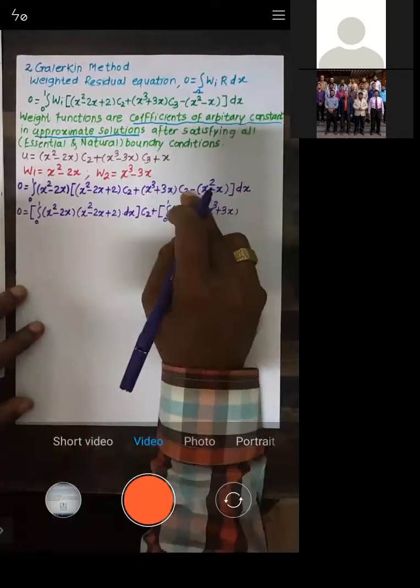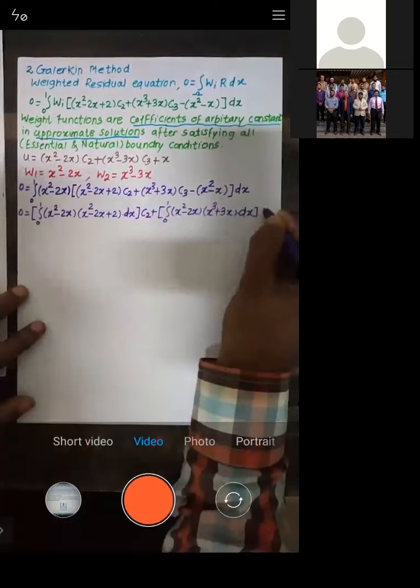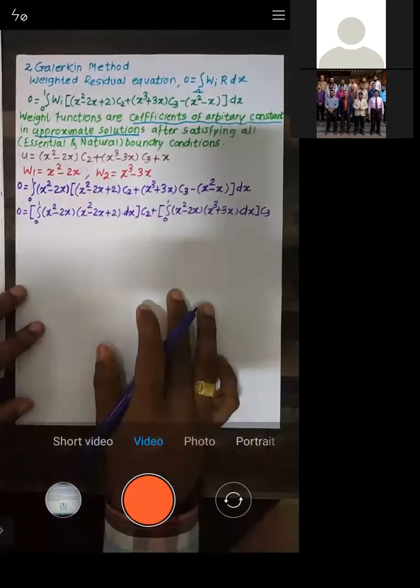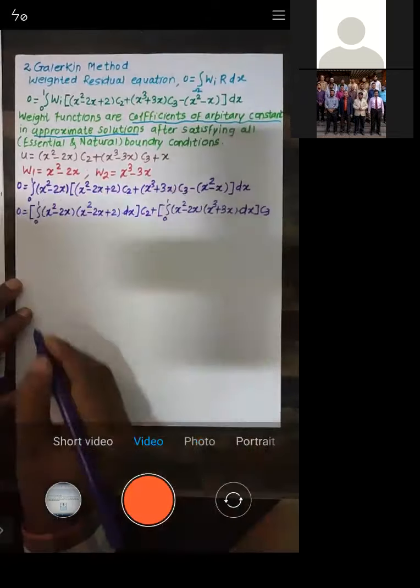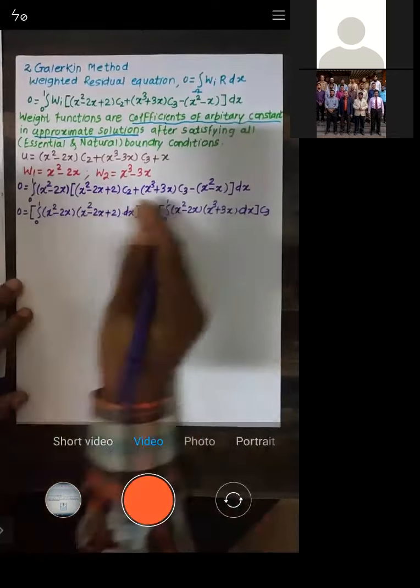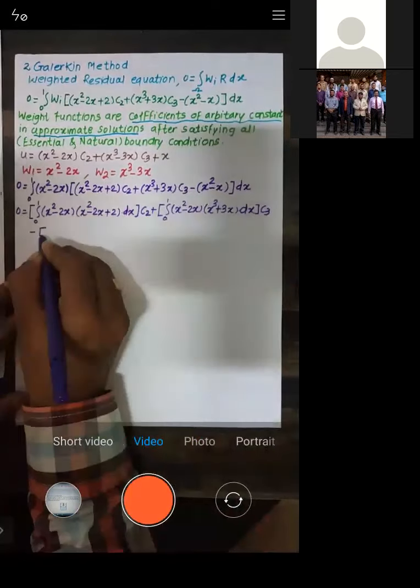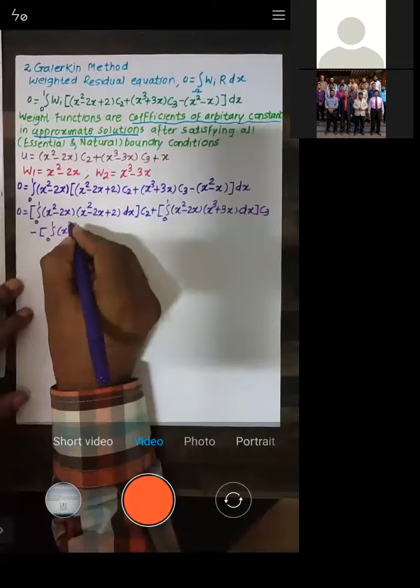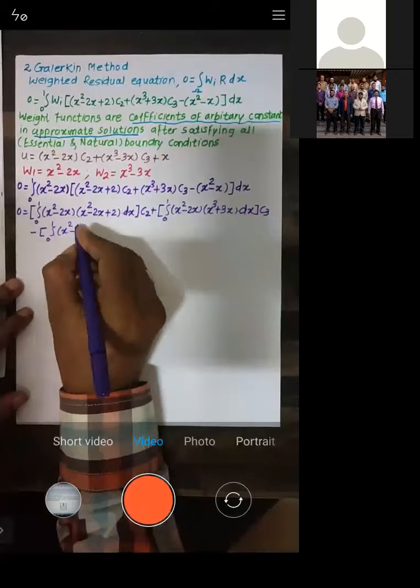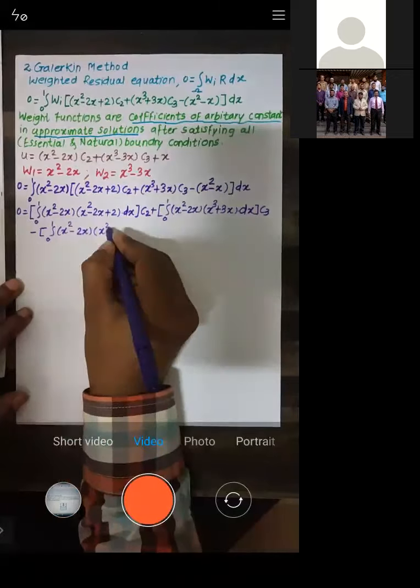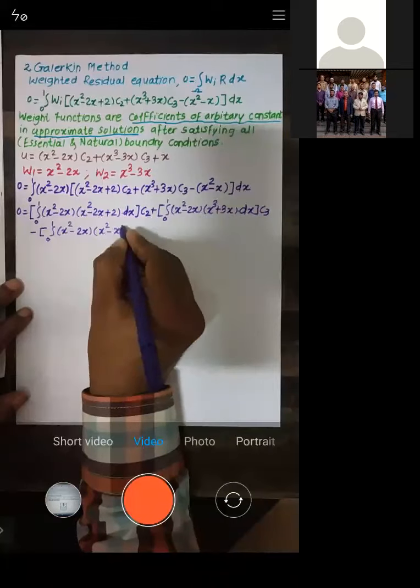Next, minus integration 0 to 1 of x square minus 2x into x square minus x, dx.